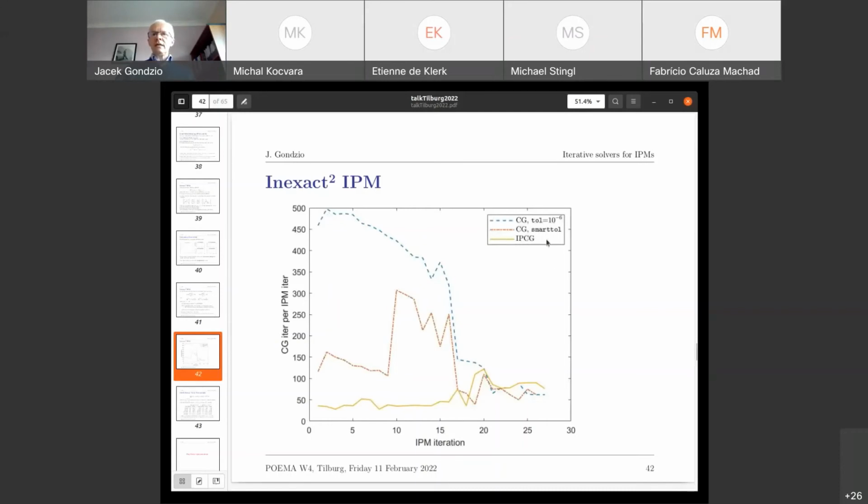If we use this intelligent stopping criterion, we will stop after 40 or 35 iterations. And the quality of the Newton direction is equally good as if we went for the full 500 iterations. So doing this, we can have this bottom curve here, which limits the number of Krylov subspace iterations and delivers a much more efficient interior point method.